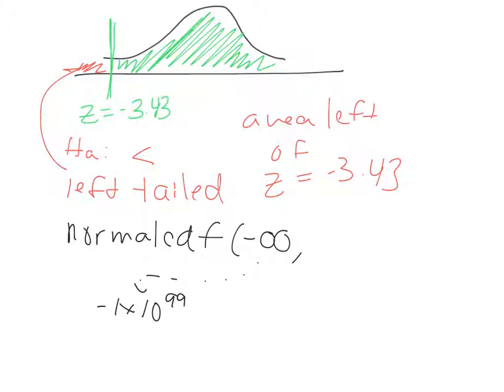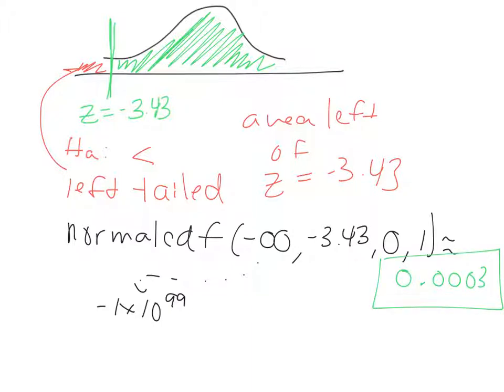We want to stop counting at our z-value of negative 3.43, and our normal curve has a mean of 0 and a standard deviation of 1, as always. When we calculate this, we get an approximate area to the left of that z-score of 0.0003. So that's our area.